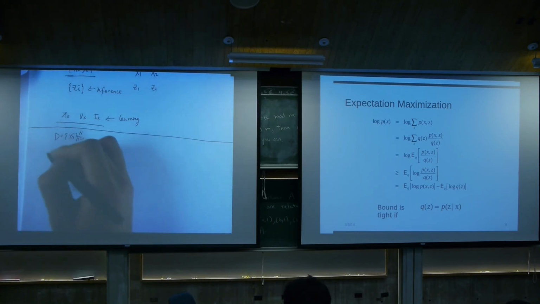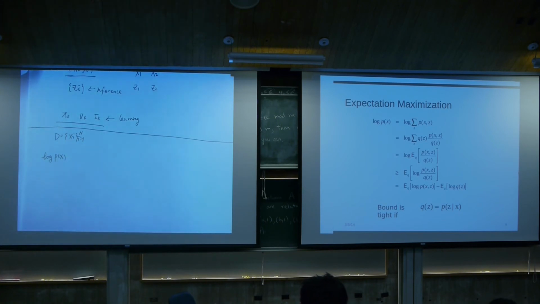For simplicity, let's simply take one point x, and you can easily generalize to multiple points. So we have a single point x here, and the likelihood defined over it is p(x), and we want to maximize the log likelihood to estimate the parameters pi, mu, and sigma k.